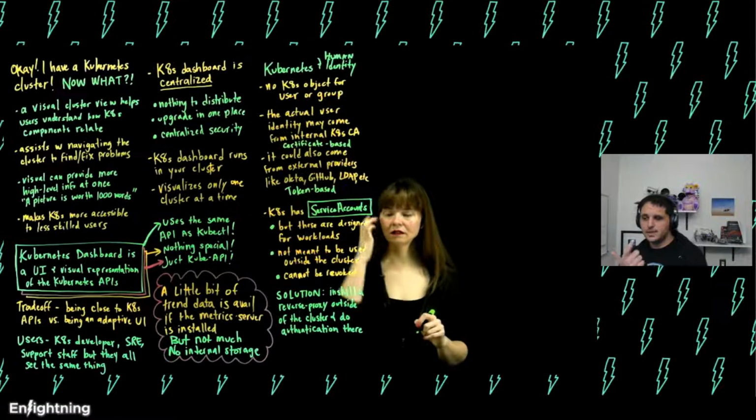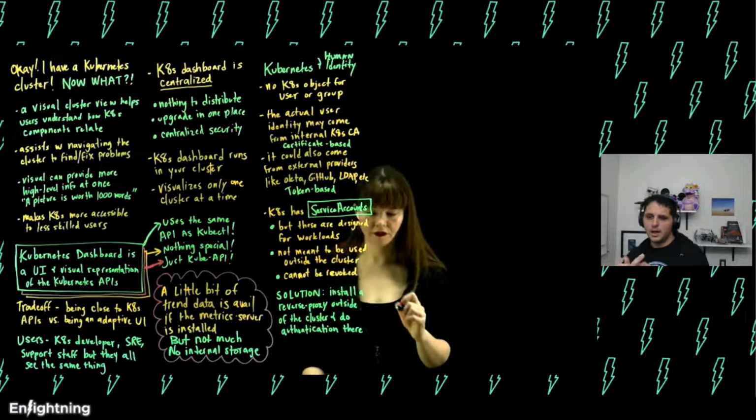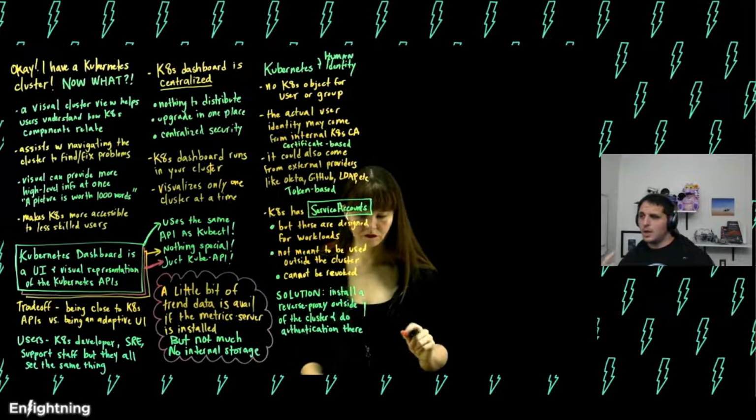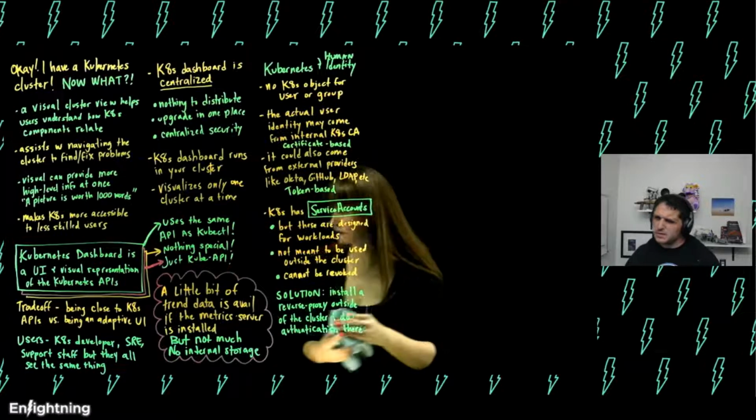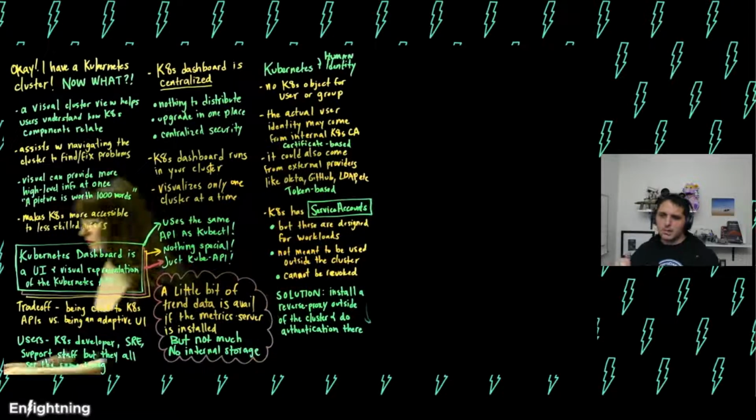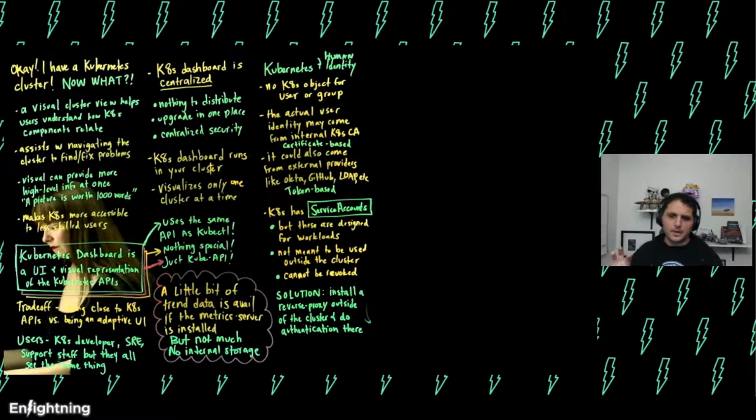Two, it allows you to do shorter lived tokens. So I wrote a blog article, I think it was almost 2 years ago now, comparing the different common authentication approaches for Kubernetes. And one of the things I did was I said, okay, how would we do this with the dashboard as well?